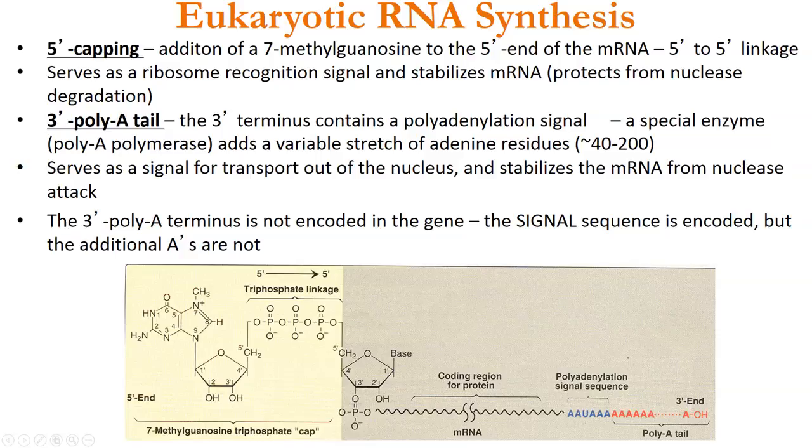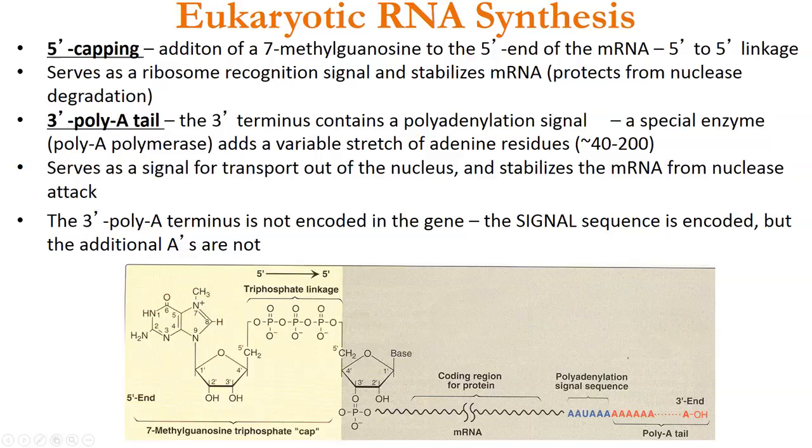It's actually linked backwards. So if you were going to continue on and the appropriate things were available, you would actually transcribe in this direction. So that 5' cap is actually attached on there backwards. And that kind of makes sense with the way those enzymes have to work.